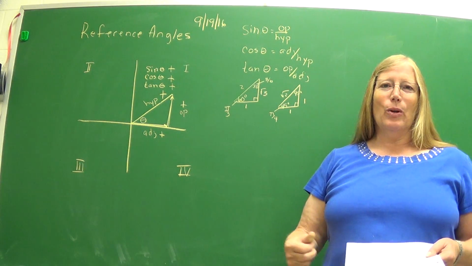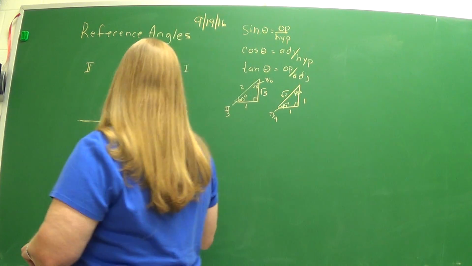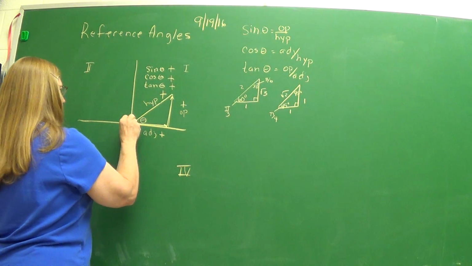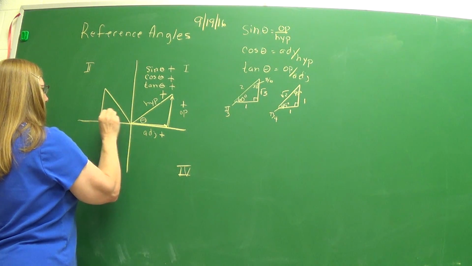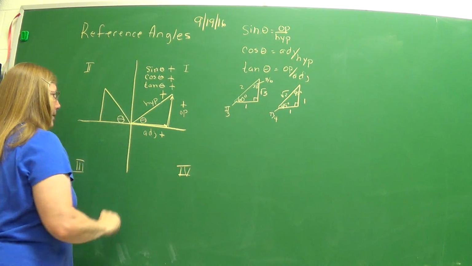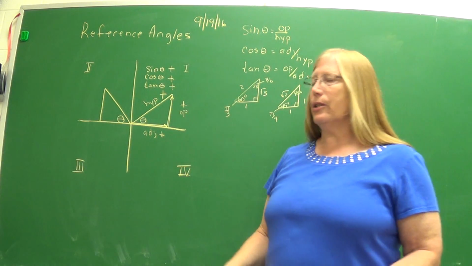Let's move over to quadrant 2, where the excitement begins. This is called a reference triangle when we're in the second quadrant, and we'll get more about that in a little bit. Notice, again, I formed a triangle in quadrant 2.